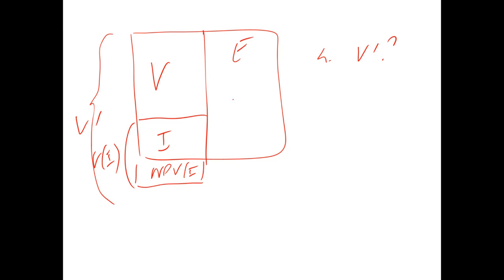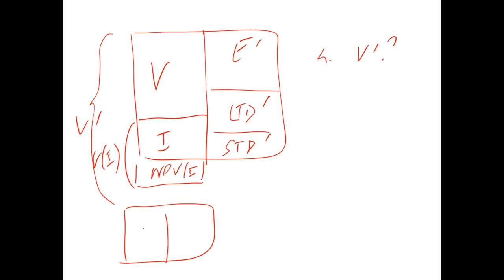The firm is financed by equity and by leverage, long-term debt and short-term debt. I'm going to say prime, and I'm going to explain why prime. Initially the company was like that: VE, long-term debt and short-term debt. Then after the investment it becomes like that.